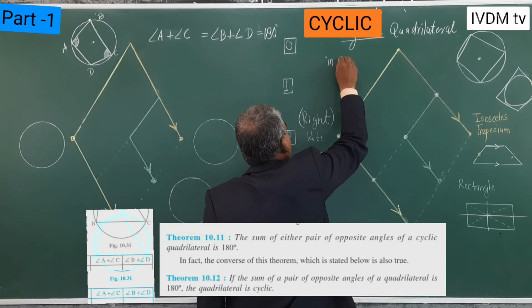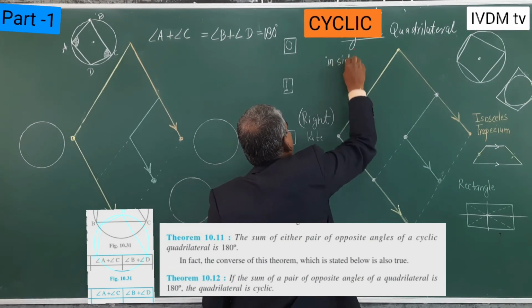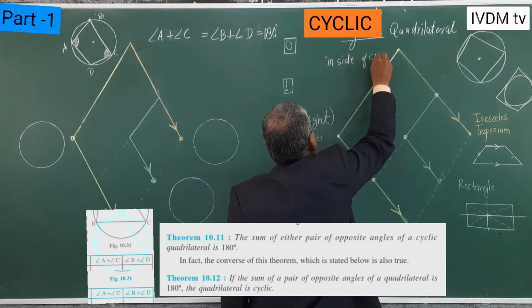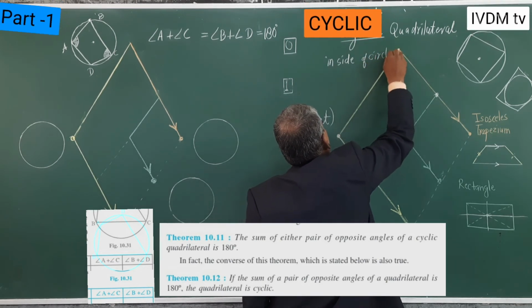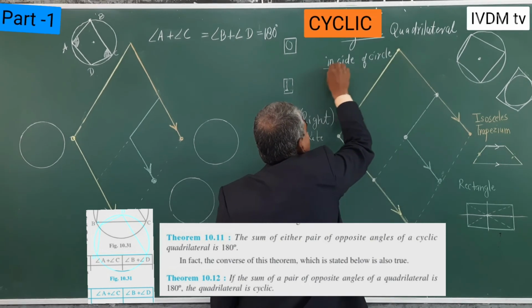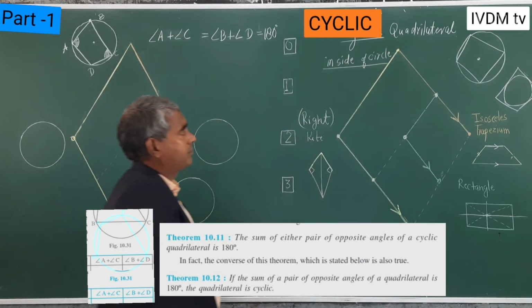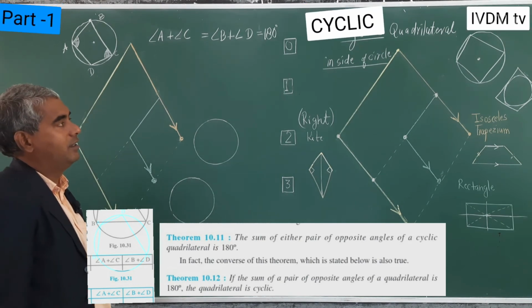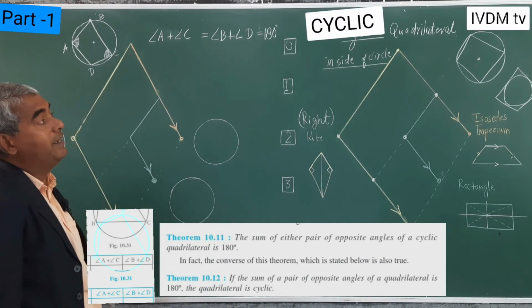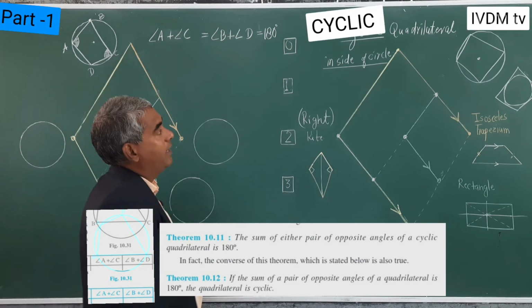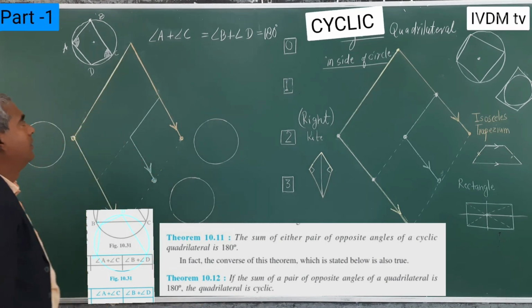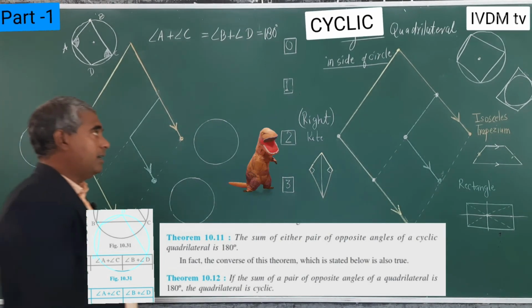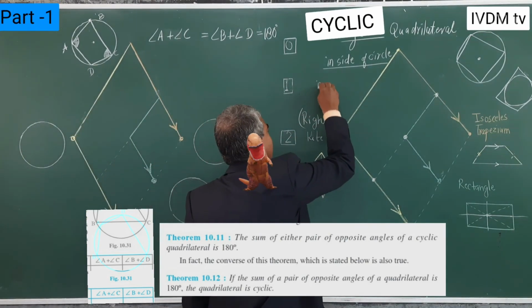Inside of the circle, a quadrilateral which is inside the circle is also called an inscribed quadrilateral. Cyclic or inscribed.